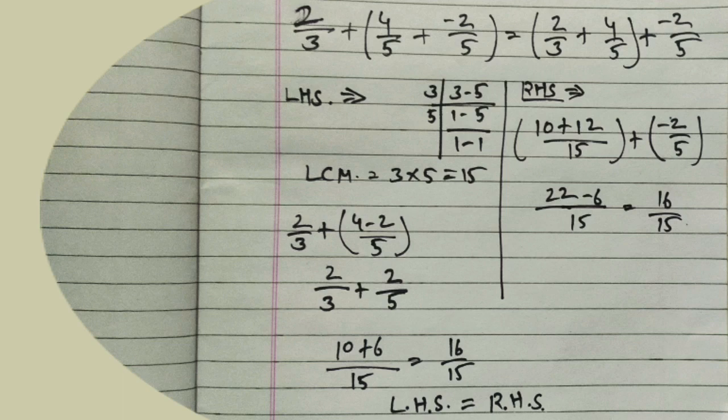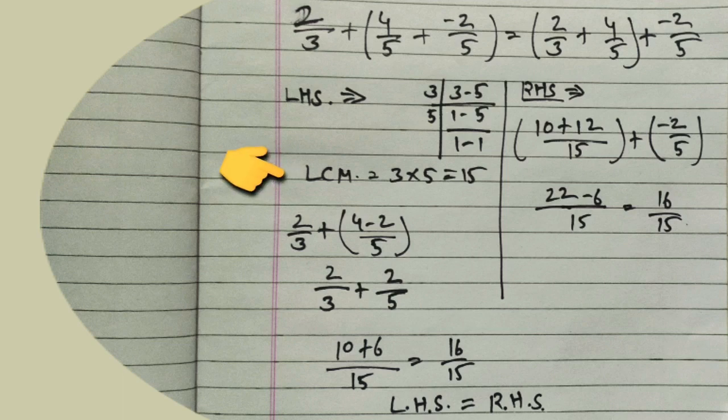As you can see, example: 2 by 3 plus bracket 4 by 5 plus minus 2 by 5 bracket equals 2 by 3 plus 4 by 5 bracket closed plus minus 2 by 5. So let's start solving the left side.